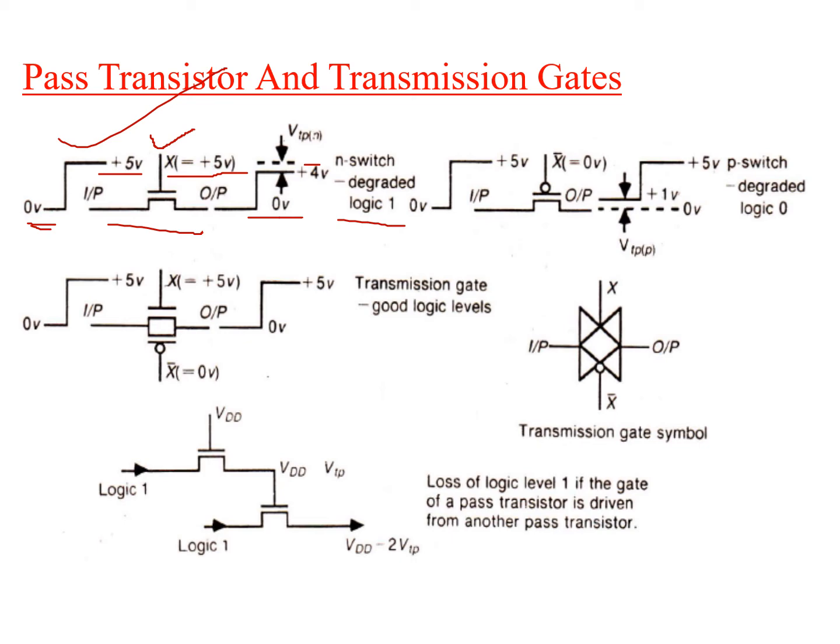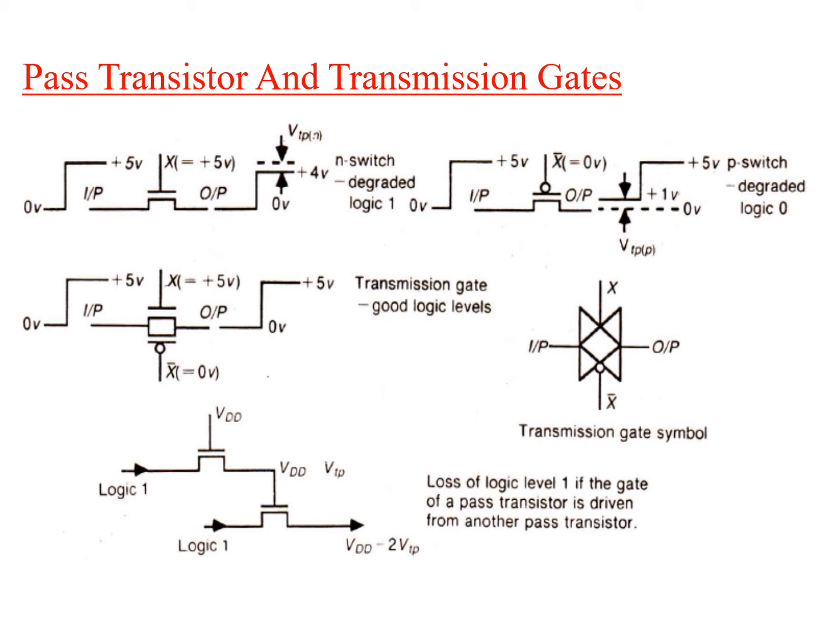Now if you go for the other case, that is in the case of a PMOS, which is the vice versa of your NMOS. Assume that you are applying 0 volts. 0 means that the PMOS will be in the on state. Now when I apply 0 volts, since this device is on, it is not going to give whatever the input is.